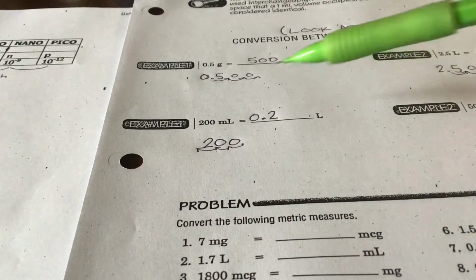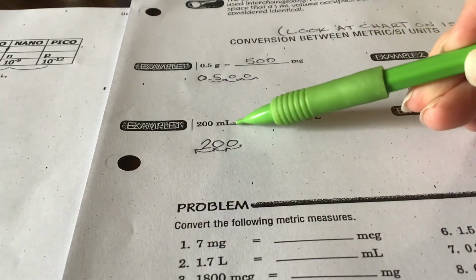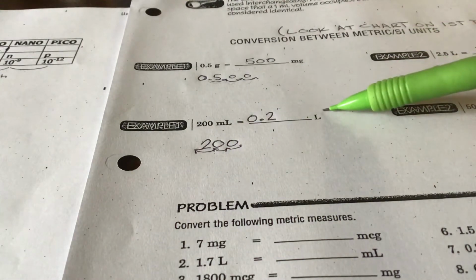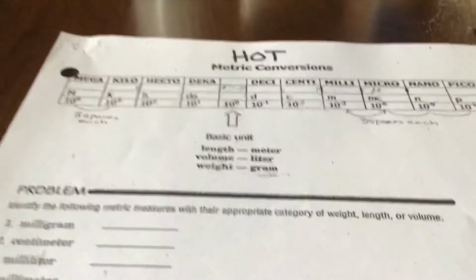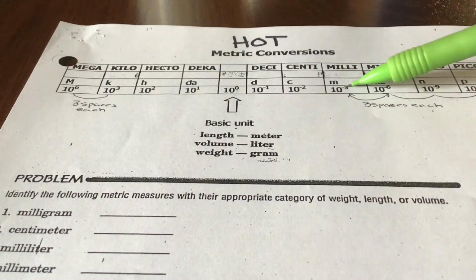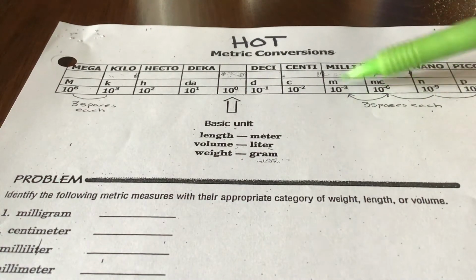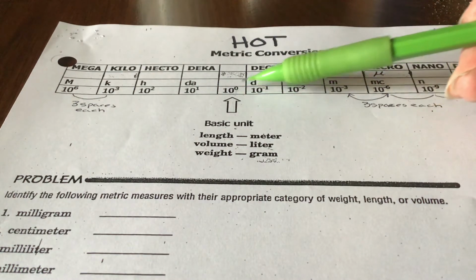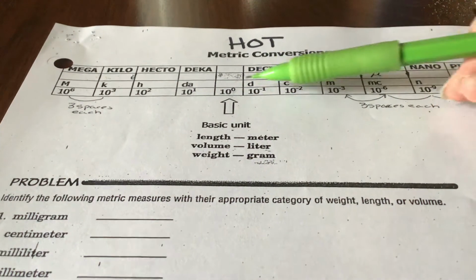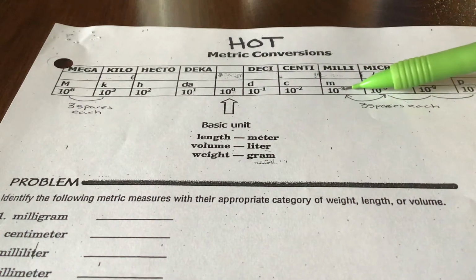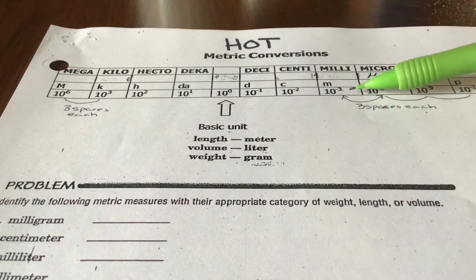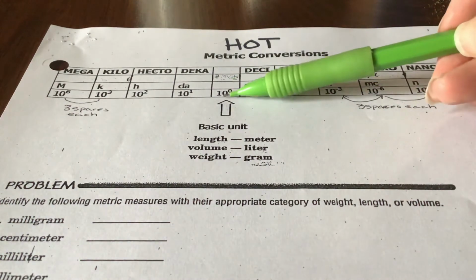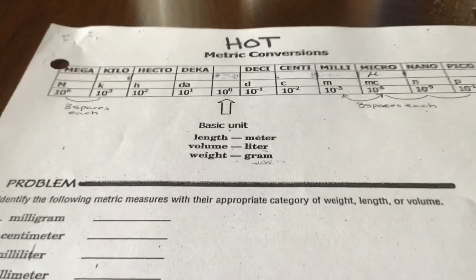Down below, we have 200 milliliters into liters. And if we look at the chart, we're starting at milli and we're going to liter. So if you look at just the exponents, that's 3 spaces between -3 and 0. And we're starting at milli, and we're going to liter, so we're going to the left.